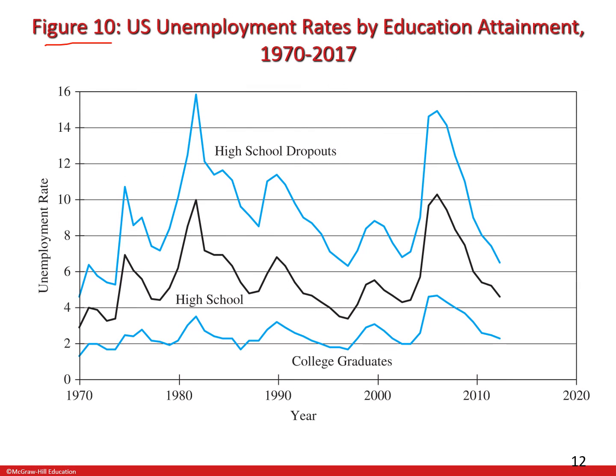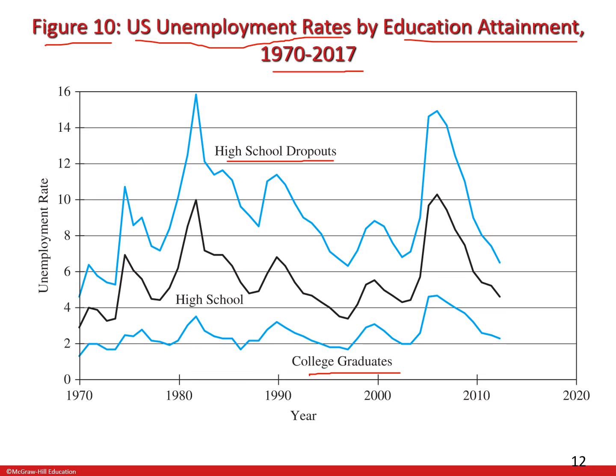Figure 10 displays the US unemployment rate by educational attainment from 1970 to 2017. Figure 10 illustrates one key feature of the unemployment rate in the US: it is much higher for less educated workers, high school dropouts, as compared to more educated workers, college graduates.